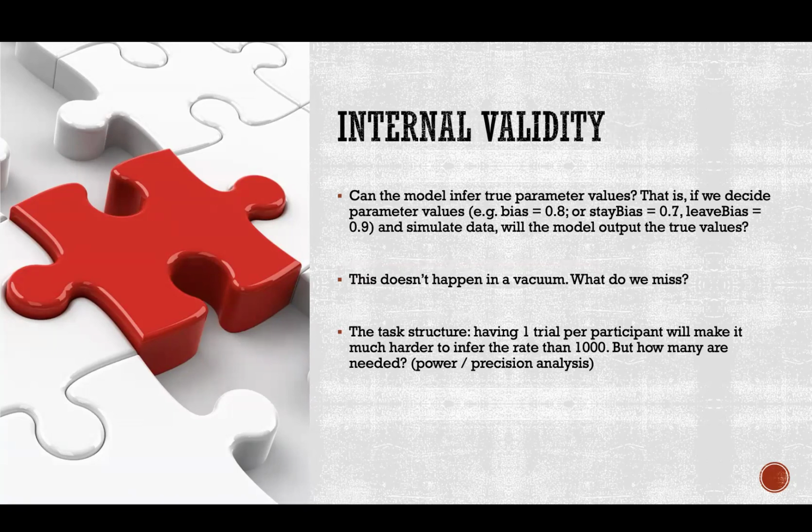If we have 1,000 trials, it might be relatively easy to reconstruct parameter values, even for fairly complex models. We have a lot of information. But getting participants, especially if they're from difficult populations, from children to patients, right? It might be too much. But even if it's your friends, you might end up your exam session without any friends.